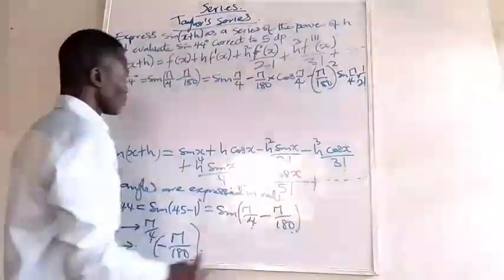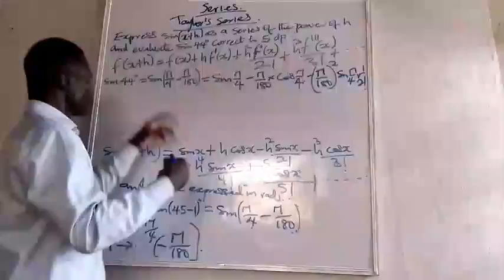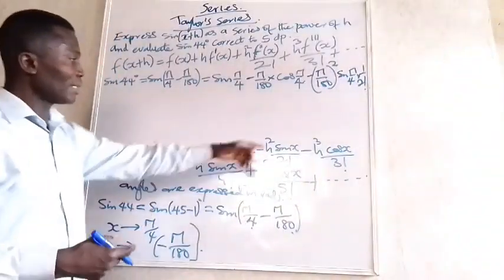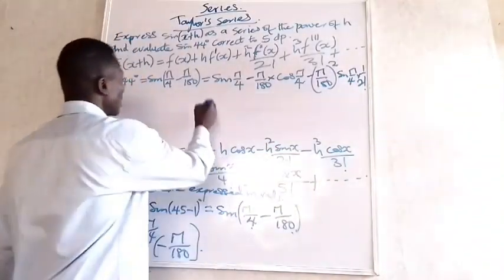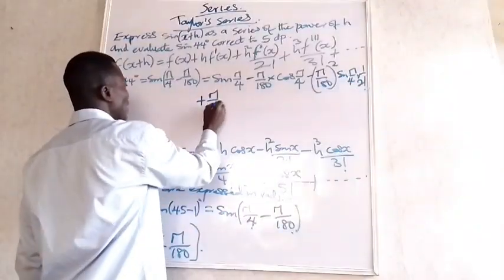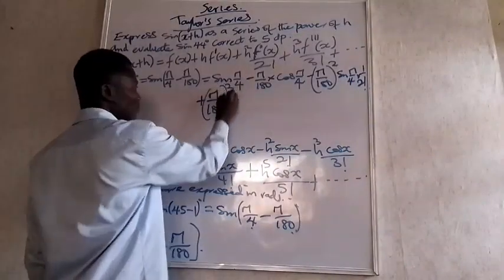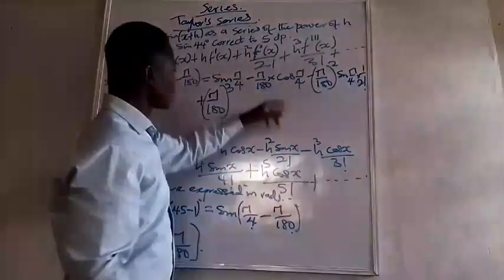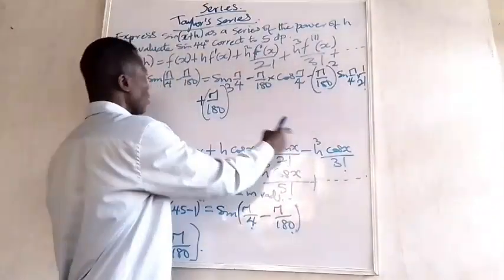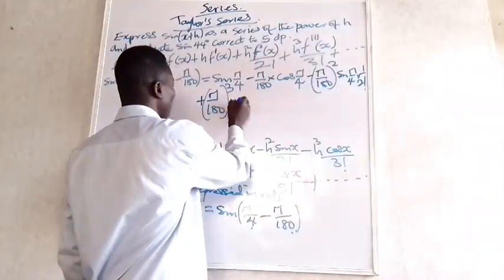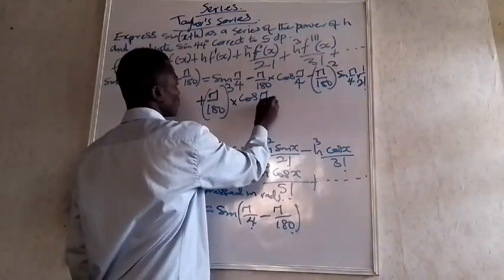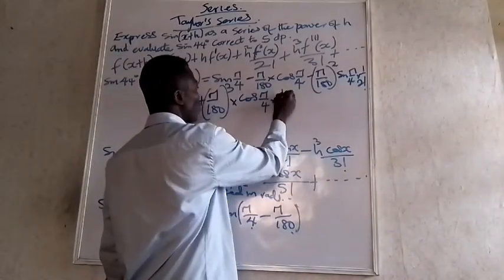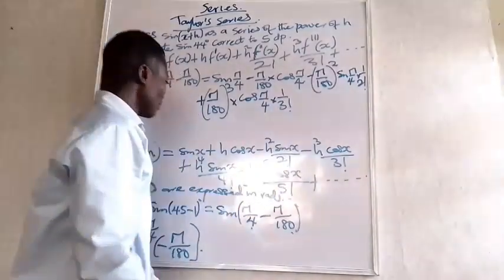Now let's go to the third one. Minus pi over 180 cubed is going to give me positive, plus pi over 180 all cubed. The minus in front makes it minus, and this minus again makes it positive, cos pi over 4 multiplied by 1 over 3 factorial.